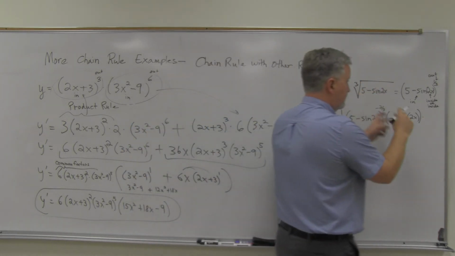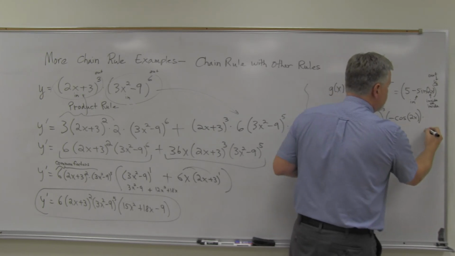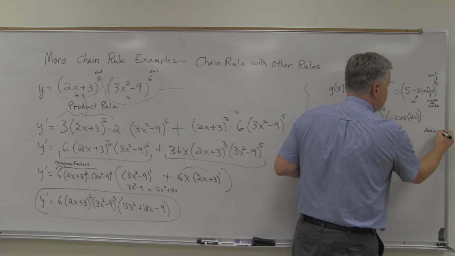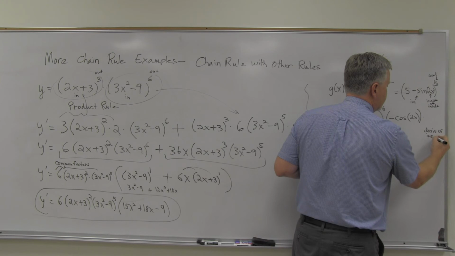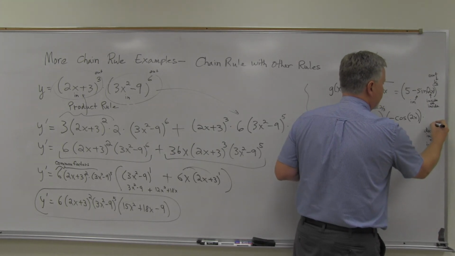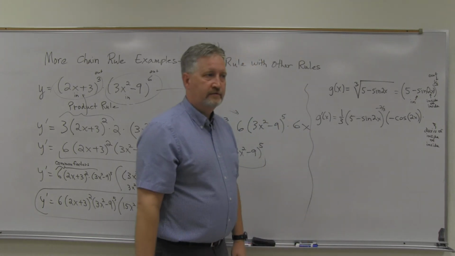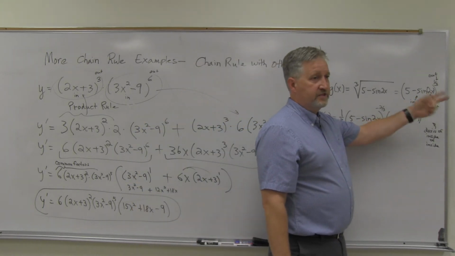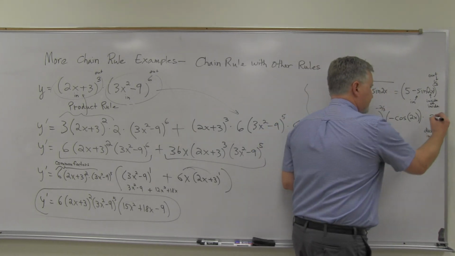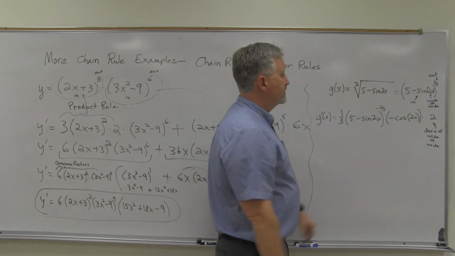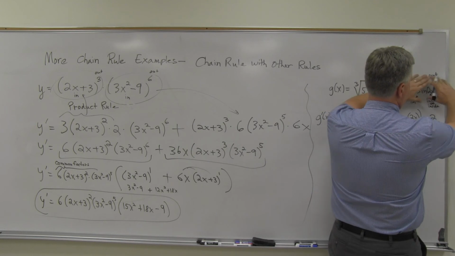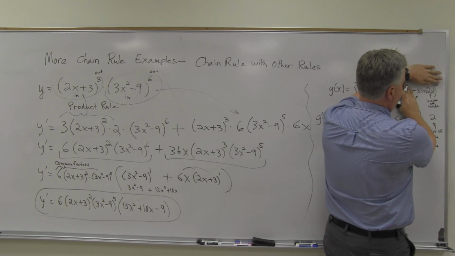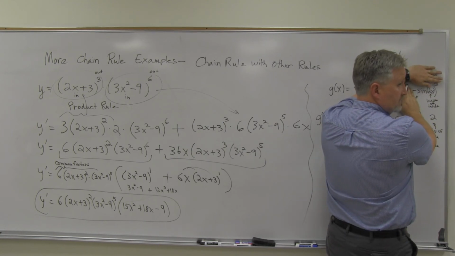So this is technically my derivative of the inside. Now I do the derivative of the inside of the inside, separately, which is the derivative of 2x, which is just 2. So essentially what this is, that minus sine 2x, that's a chain rule itself.